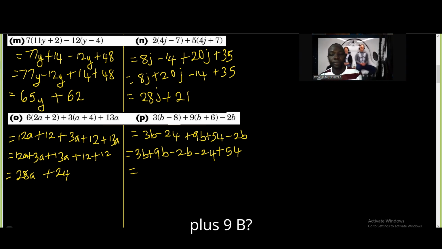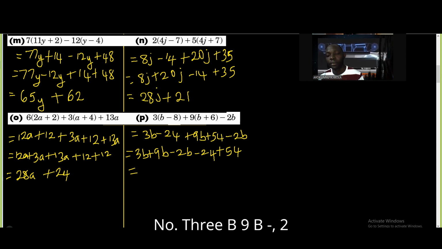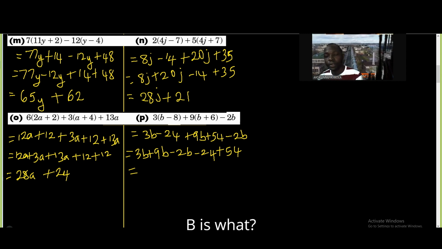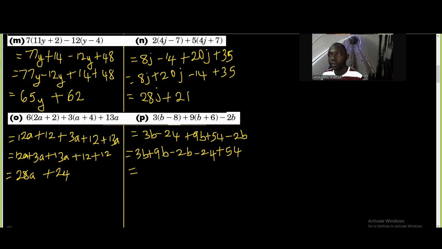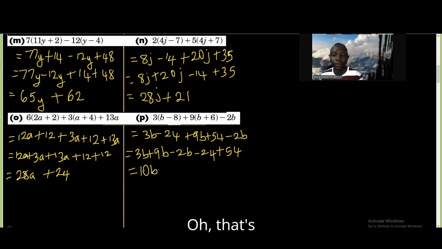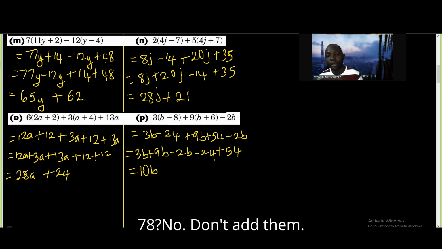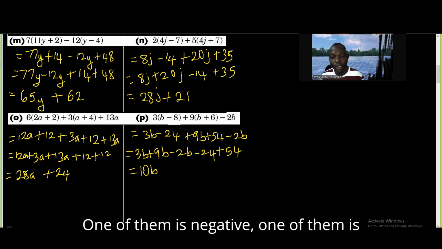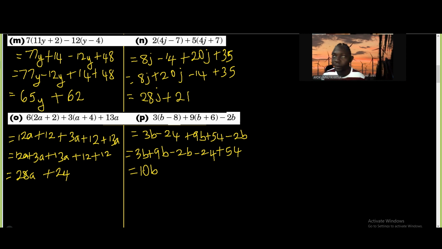That's 10b. So minus 24 plus 54 is what? That's 78? No, don't add them. One of them is negative, one of them is positive. Don't add. 30. Correct.